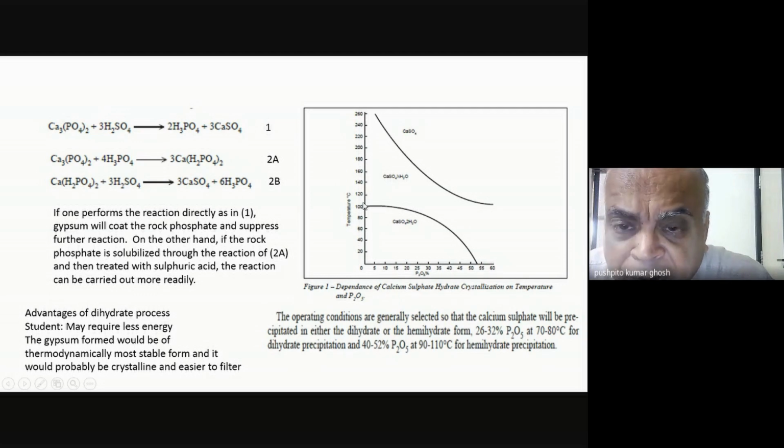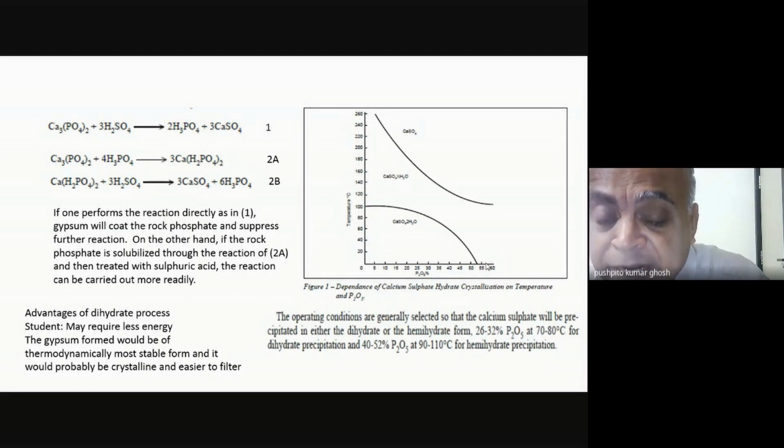So between 100 to 120, if I operate, I will be making a phosphoric acid with a higher concentration of P2O5, which is good because one is that I will require less evaporation to make concentrated phosphoric acid.